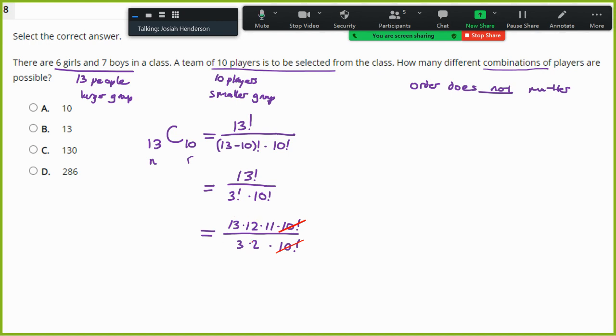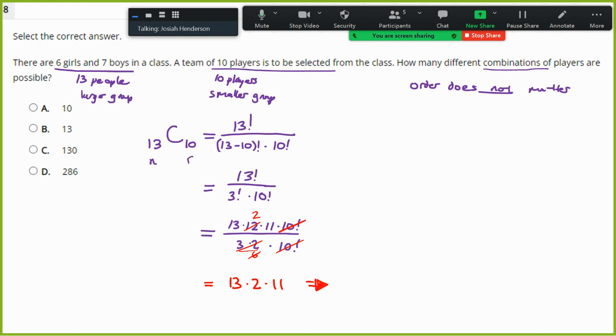We've got 3 times 2, that's 6. And 12 on the top over 6 reduces to 2. So there's the 2 from reducing 12 divided by 6. So what's left here? 13 times 2 times 11.